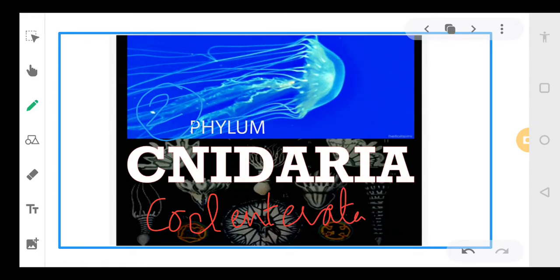So this phylum is known by two names: one is Cnidaria, and the second is Coelenterata. And this is your second phylum of non-chordata.